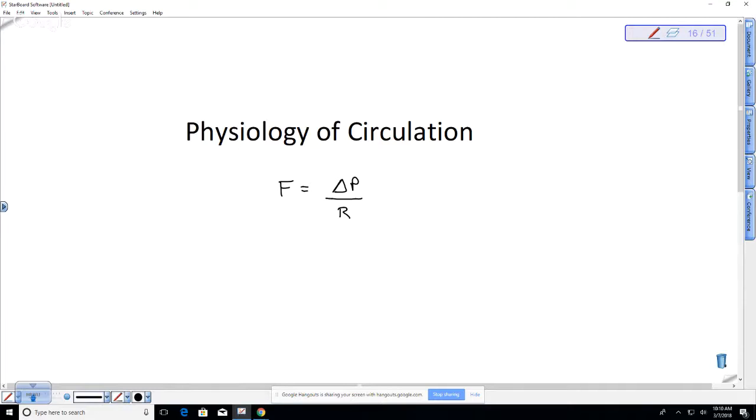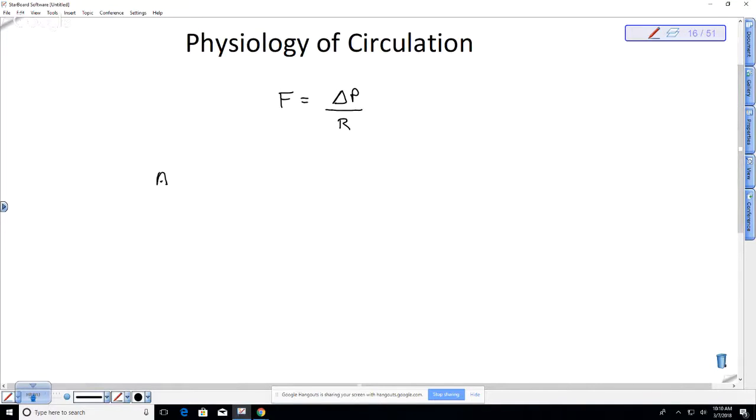And then we talked about the length of the blood vessels. There's going to be more resistance to flow as you go out to the furthest reaches of the blood vessels. If we look at the way that the blood flows, it starts in the large conducting arteries.